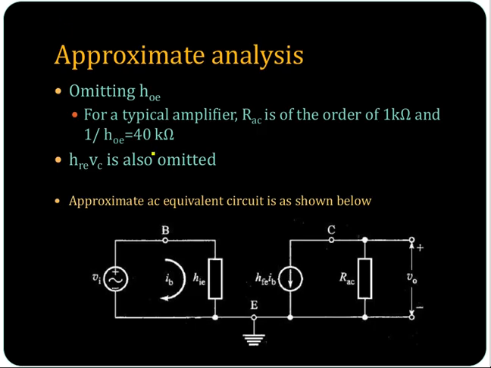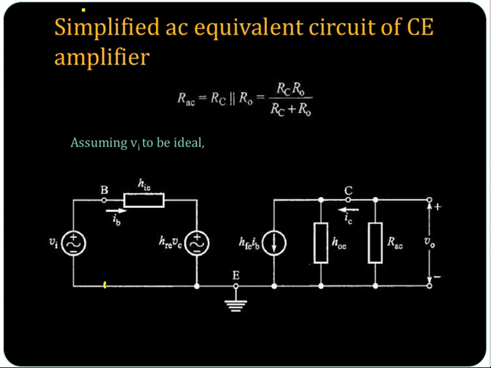Next, in order to make the analysis further simpler, we are going for another approximation. That is, in the next stage we are omitting HOE. Why? Because for a typical amplifier, this RAC is of the order of 1 kilo ohm, and this HOE is in microsiemens.